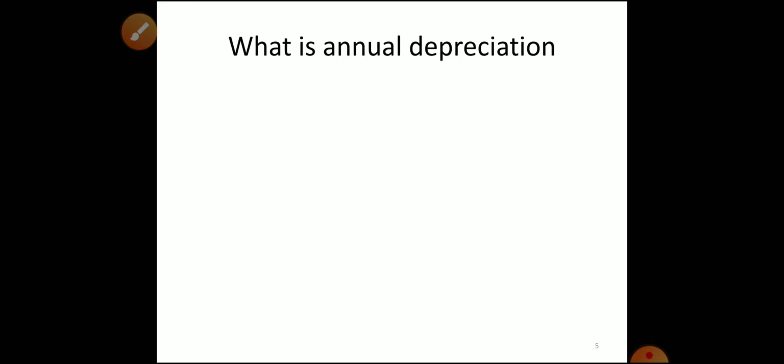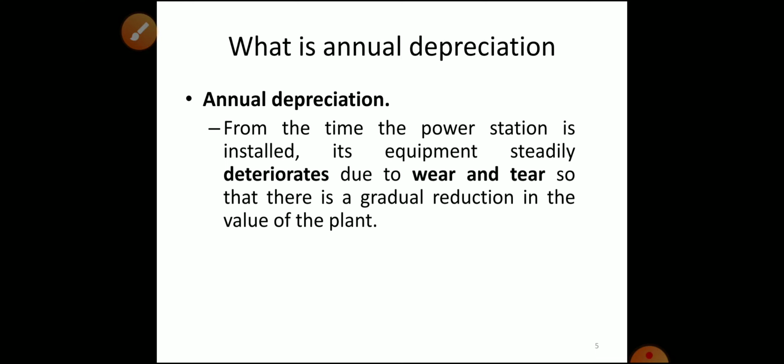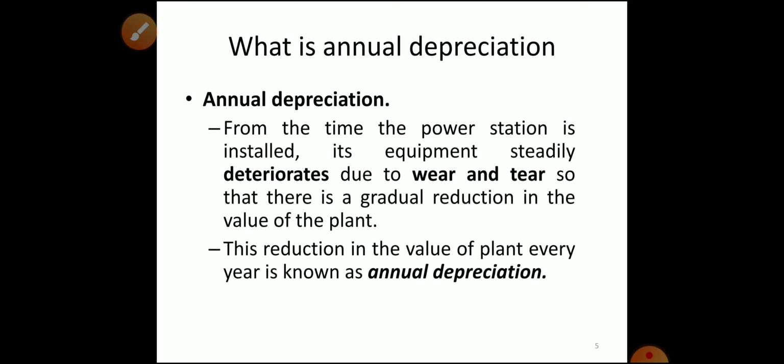What is annual depreciation? Annual refers to per year. From the time the power station is installed, its equipment steadily deteriorates due to wear and tear, so that there is a gradual reduction in the value of the plant. This reduction in the value of the plant every year is known as annual depreciation.